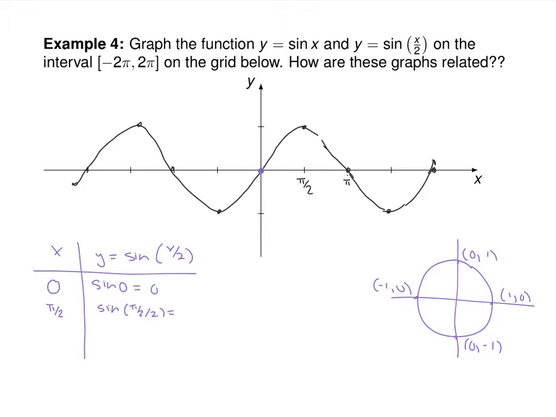Pi fourths. And sine of pi fourths, that's this middle one right here, root 2 over 2. You do not have to have this memorized. That's approximately 0.7. So when you're at pi halves, instead of being at 1, you're at like 0.7-ish.